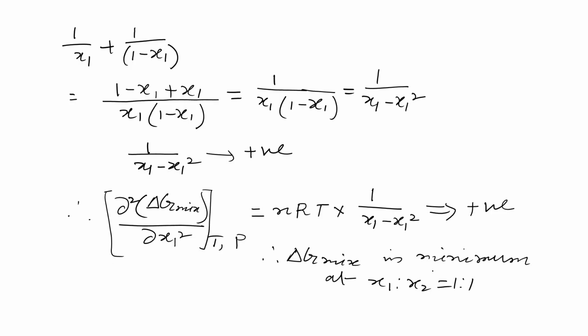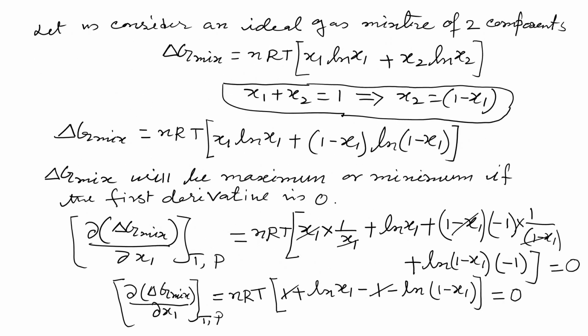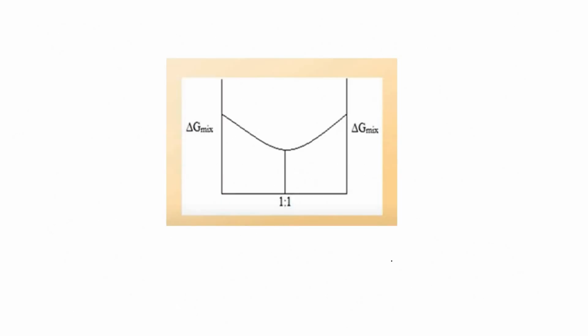So this is our free energy of mixing. That expression we have found out, and one more thing, that it is minimum at 1 is to 1. So now we'll come to the graph.